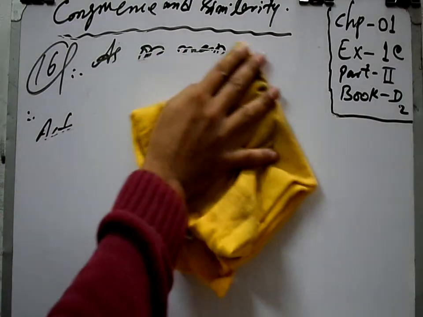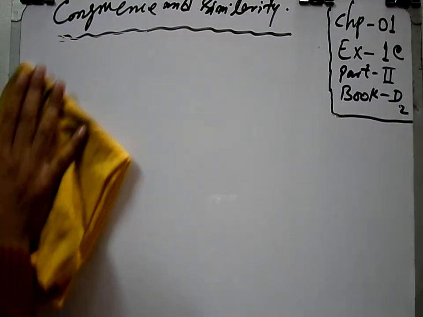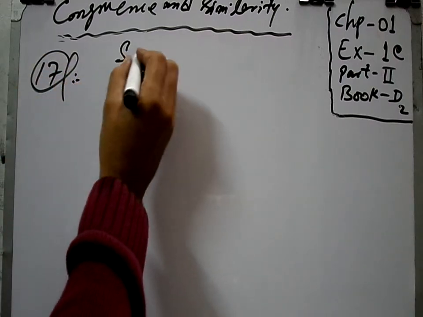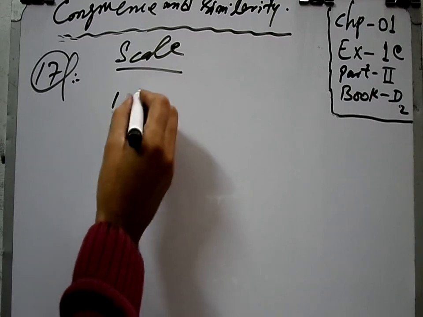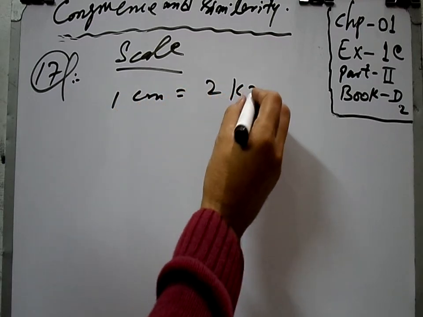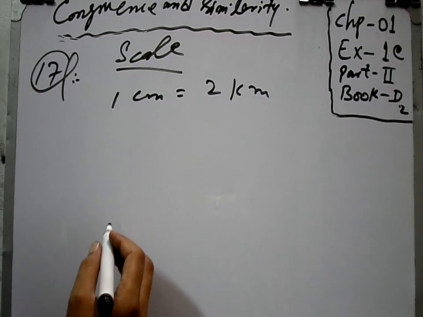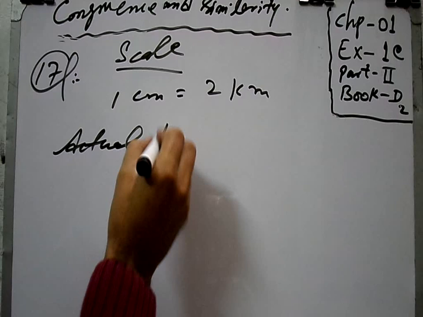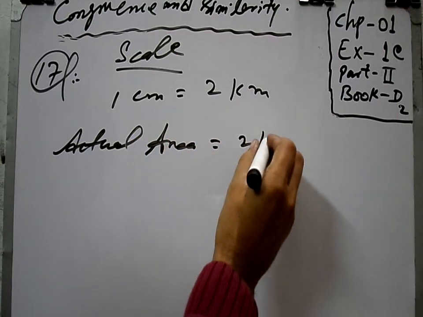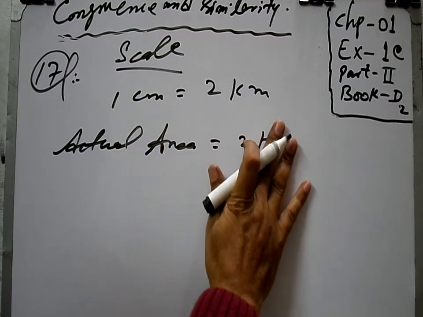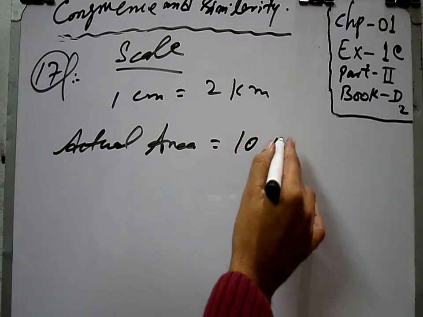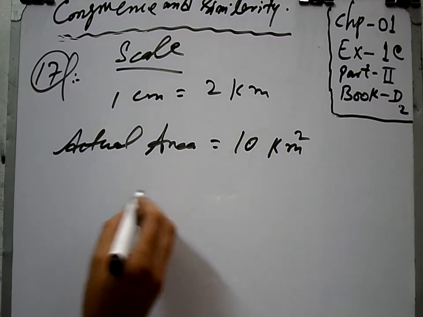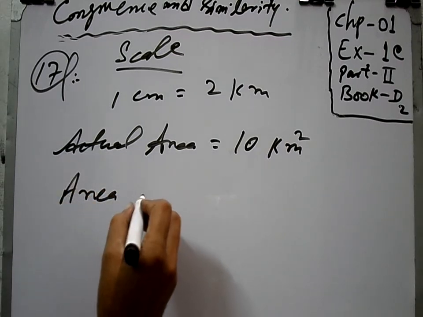Okay, so the scale is 1 centimeter is equal to 2 kilometers. The actual area is 10 kilometers square, and we have to find the area on the map.